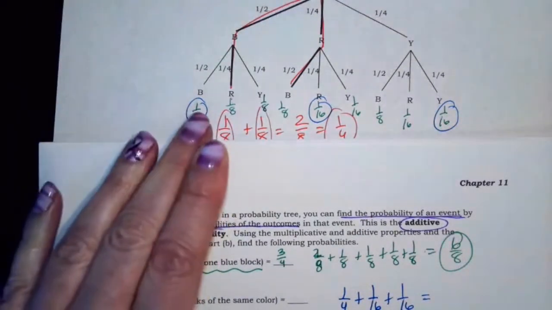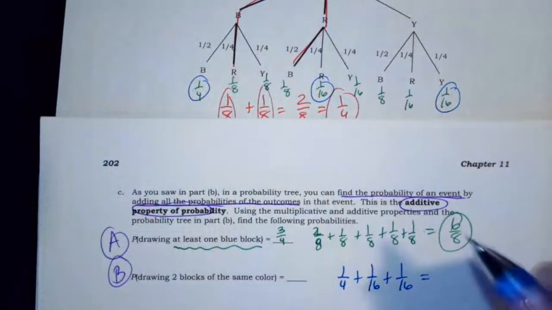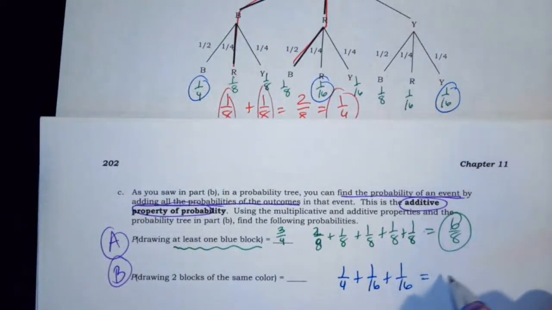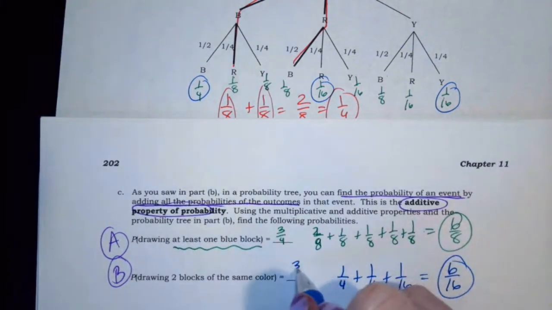And again, I need to have common denominators to do my addition. Right, Phyllis, that's right. It's going to be 6 out of 16. I would need to think of this as 4/16, 4, 5, 6 16ths, which if I simplified would be 3/8.